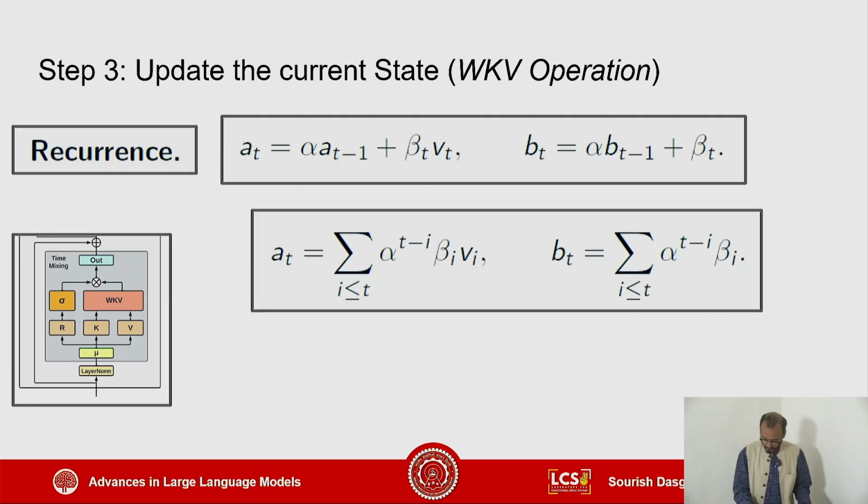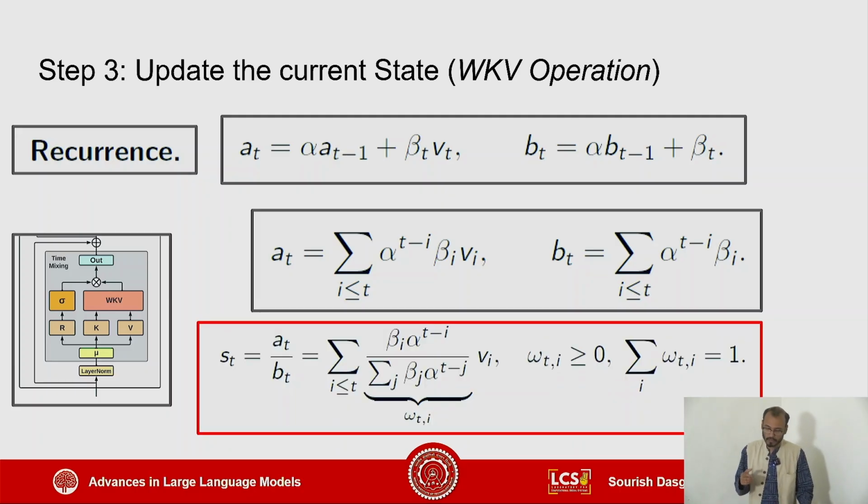And beta t bt can also be written in a similar fashion, but over there you don't have the v. Then what you do is you say that your final content st is a contrast of at, which is your actual real deal, over all the other ats. So bt is basically a summation, and if you plug that second summation of bt inside the summation of at, then this is how it will look.